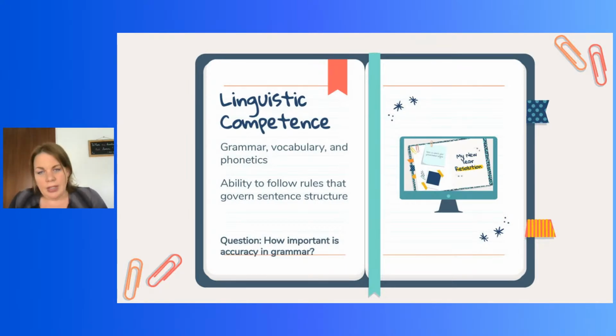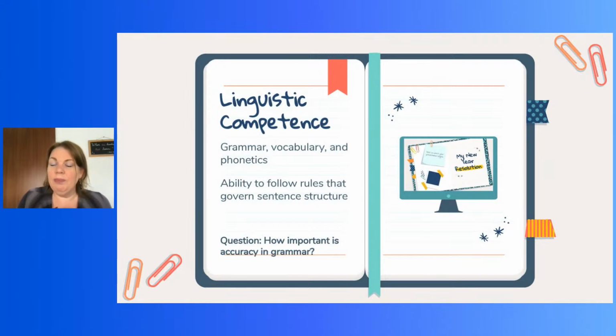But now I have a question for you. If we are teaching communicatively, like we should be, and if we are working on developing communicative competence, how important is accuracy in grammar? You see the question at the bottom of the screen? How important is this?